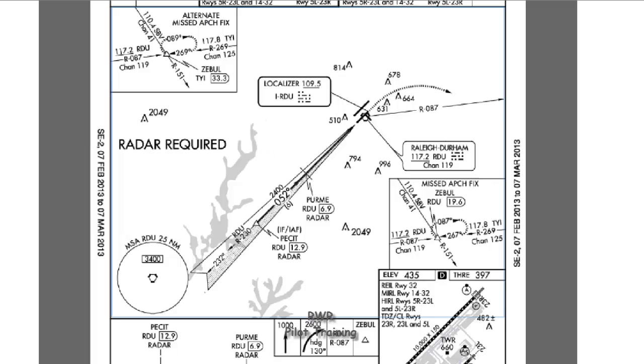We'll use a red pen for this one, and so it's right there. My feeling on this is that we should always load the full approach unless we're being cleared for the visual, in which case vectors to final is fine. But this way, at least we have a way to get to the initial approach fix if we need to.